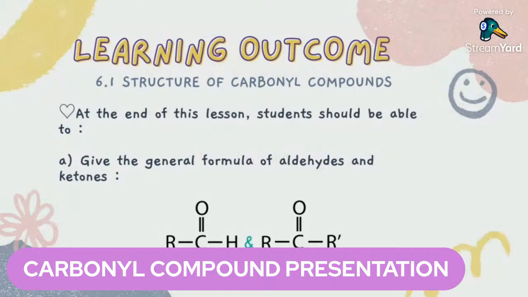The general formula of carbonyl compound is CnH2nO, and the functional group must be carbonyl. For your information, carbonyl compound is a polar compound which is carbon is partially positive and oxygen is partially negative. At the end of this lesson, students should be able to give the general structural formula of aldehydes and ketones.